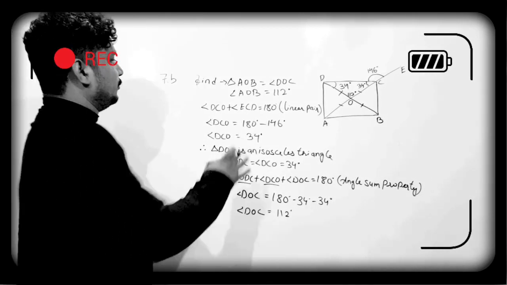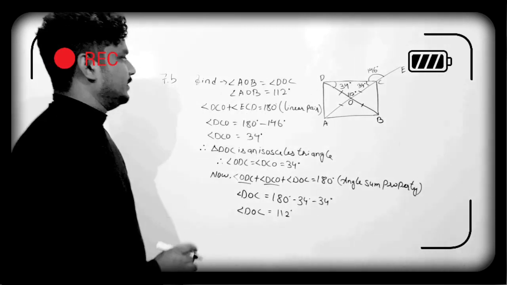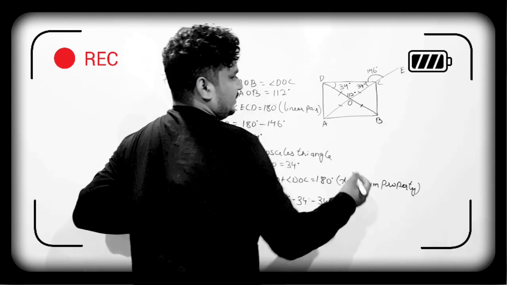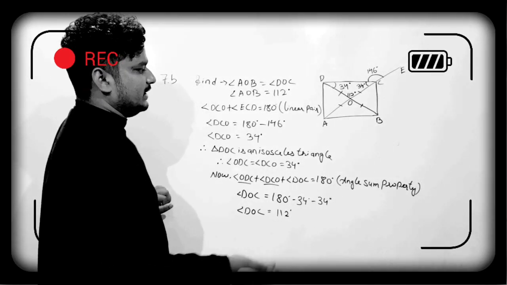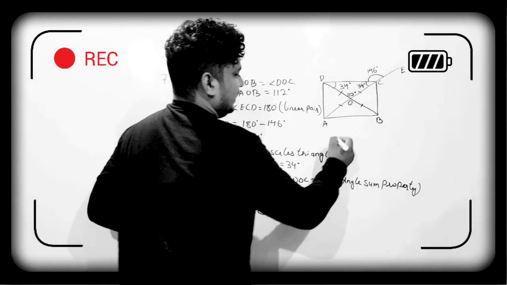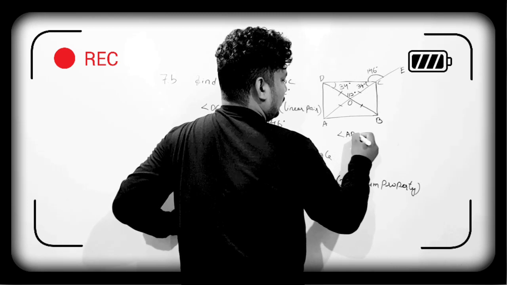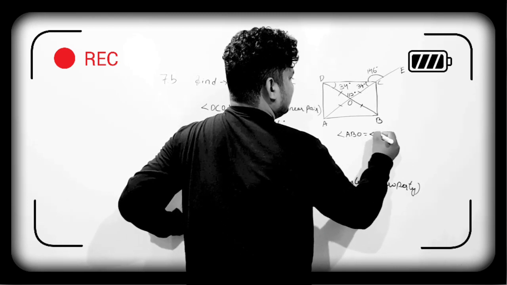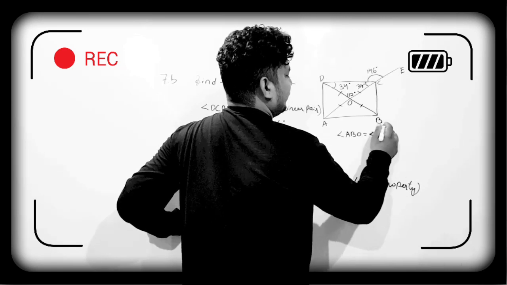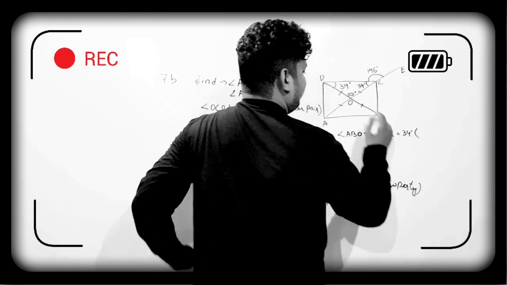So we have got the angle of the triangle AOB. Now we need to find this particular angle and this particular angle. Directly we can tell that angle ABO is equal to angle CBO or ODC, that is equal to 34 degrees.